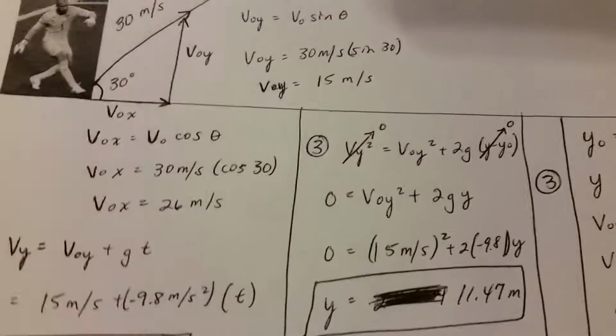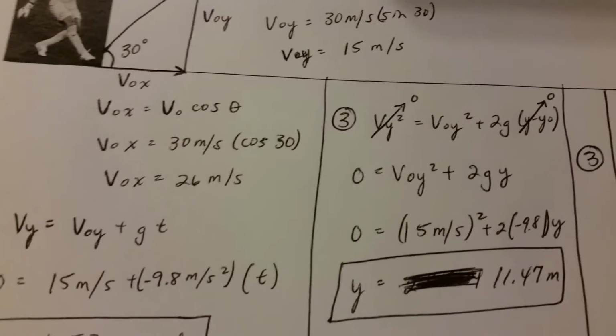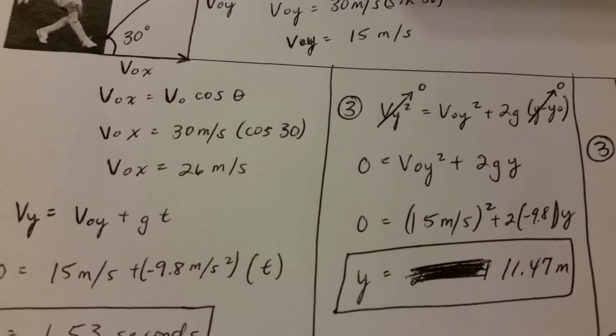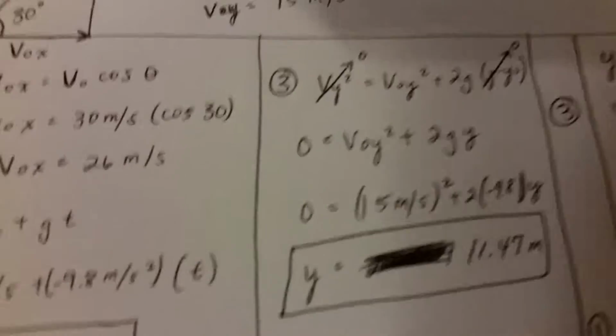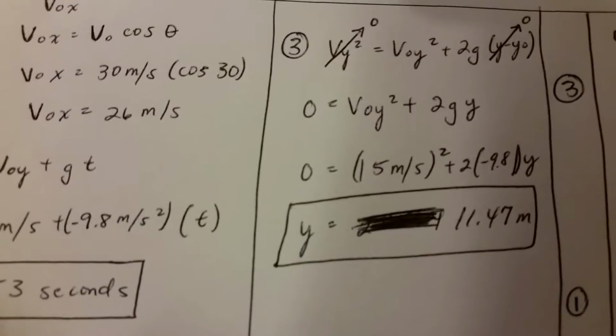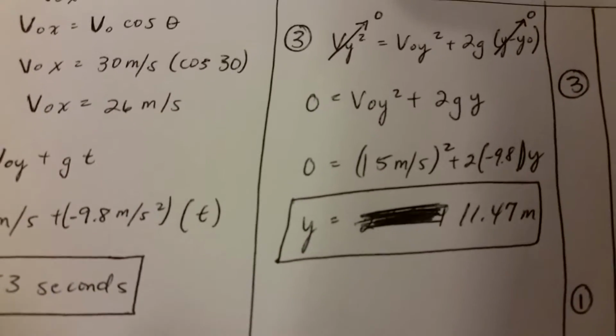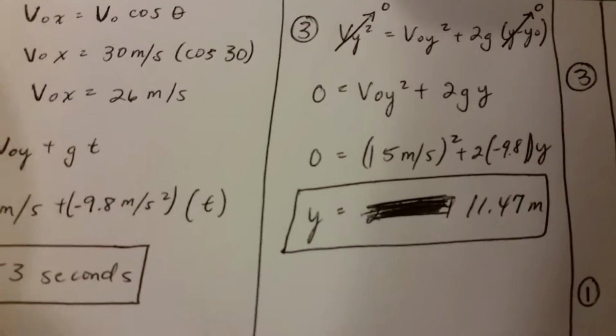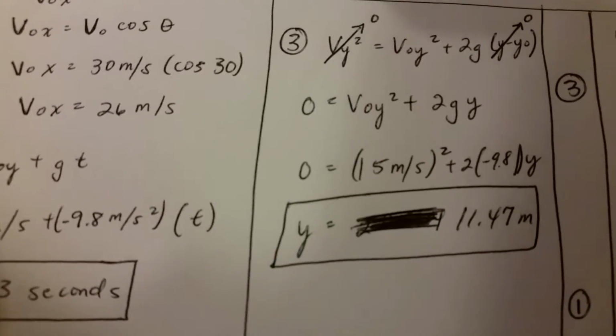V final in the y direction is going to be 0. So then we're going to have 0 equals v initial squared plus 2 times g times y, and y is what we're trying to find.